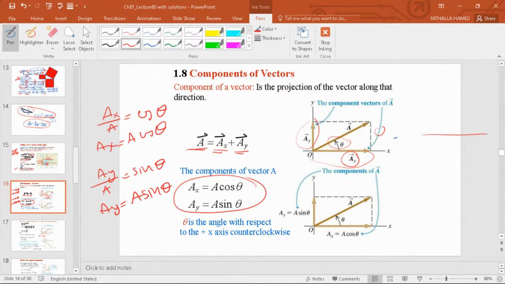That means if now your vector is here, well, this is A, but you have to measure this angle here, theta. And this is what you're going to use here. And this angle here, when you do it this way, will give you a negative x component and a positive y component.